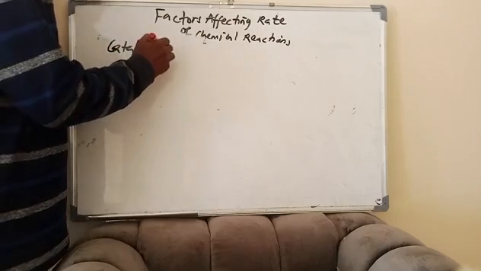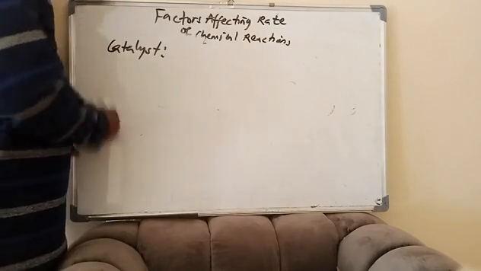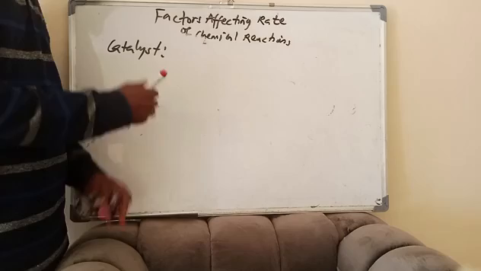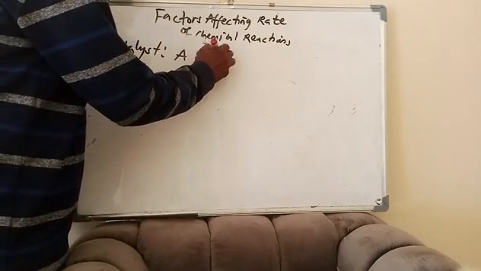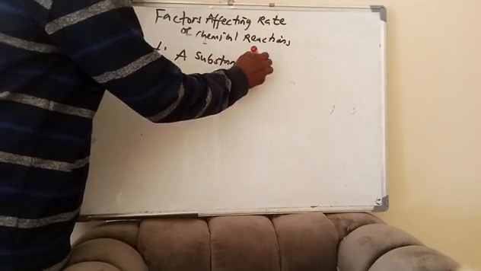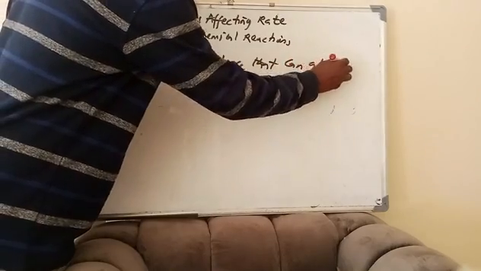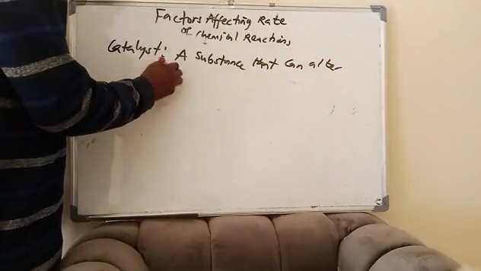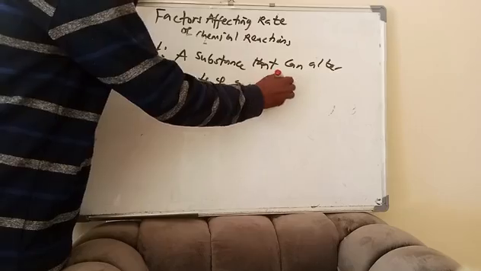When a catalyst is present in a reaction, it has an effect on the rate of reaction. So what is a catalyst? A catalyst is a substance which can alter the rate of a chemical reaction.